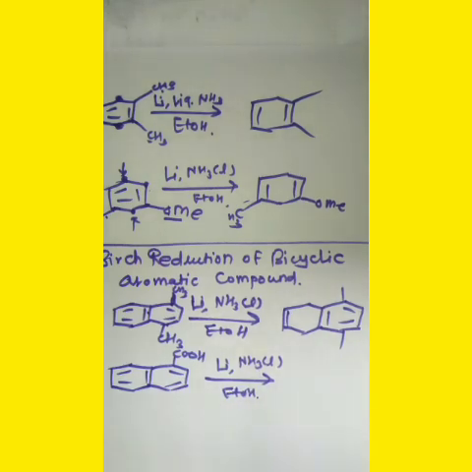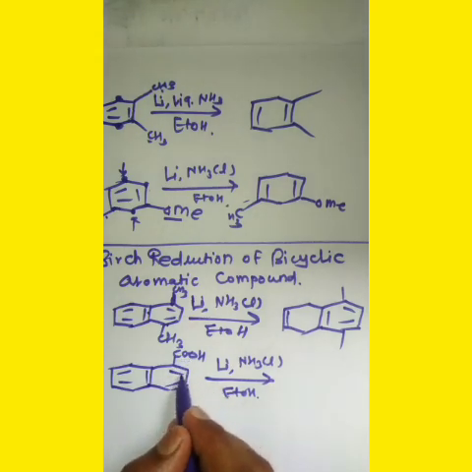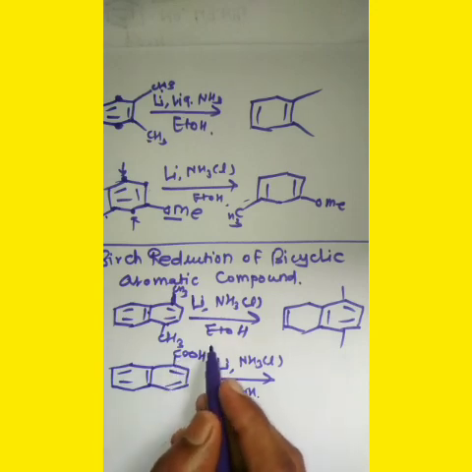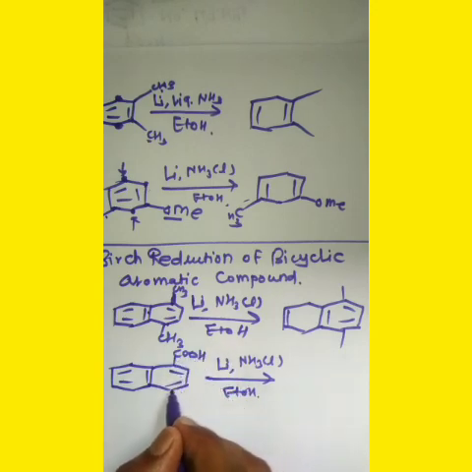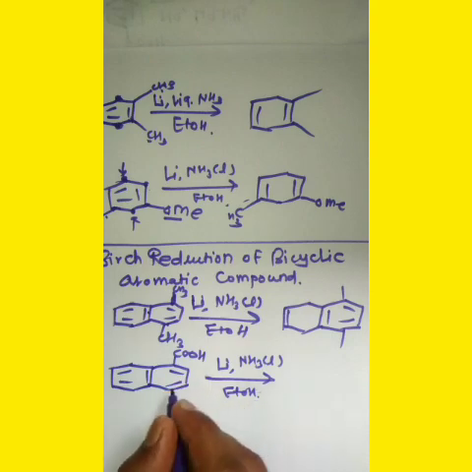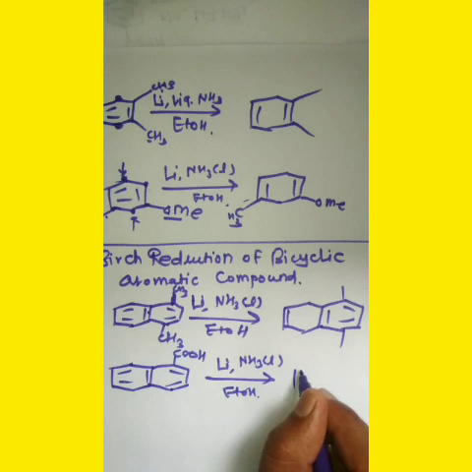Now in this case, an electron withdrawing group is present on this ring, so this ring is reduced, because as we know, in a Birch reduction we add electrons, and electron addition is possible at electron deficient centers and not at the electron rich center. So the electron deficient ring is reduced. We get the product.